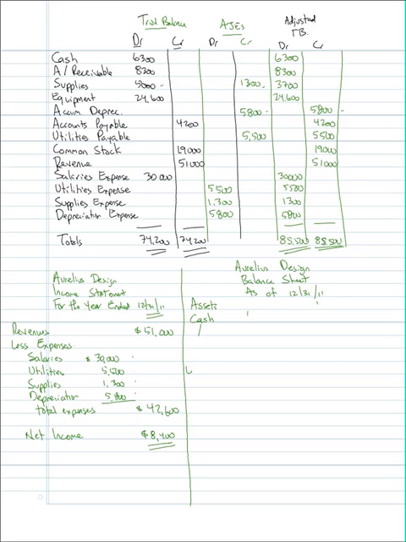Cash has a $6,300 balance. Accounts receivable has an $8,300 balance. I'm just pulling these right off of our trial balance. Supplies has a $3,700 balance.